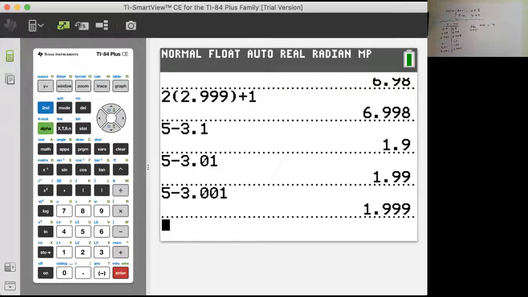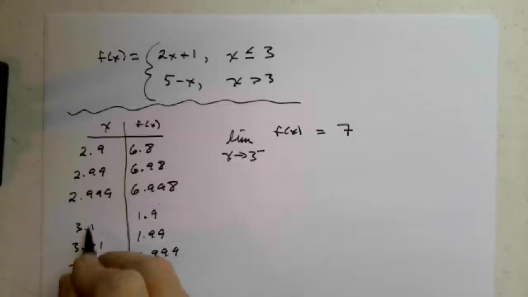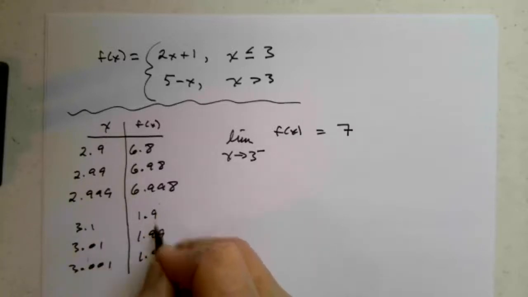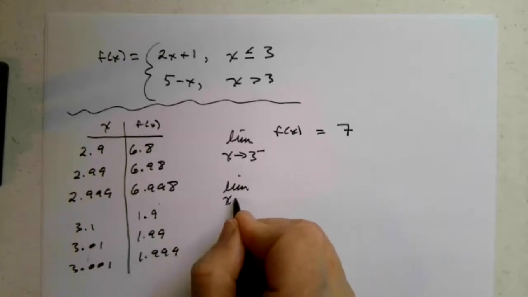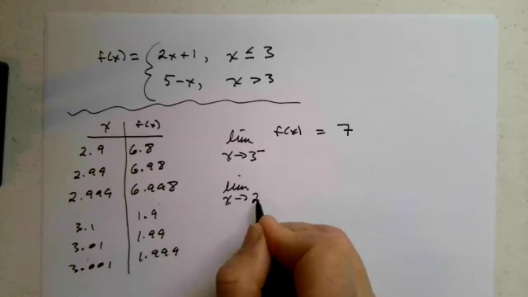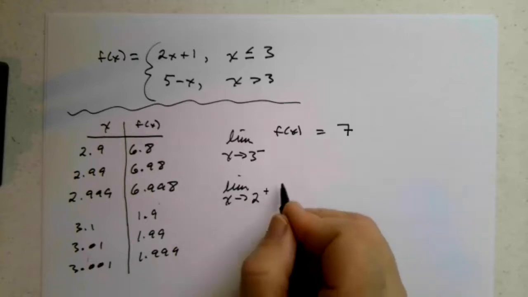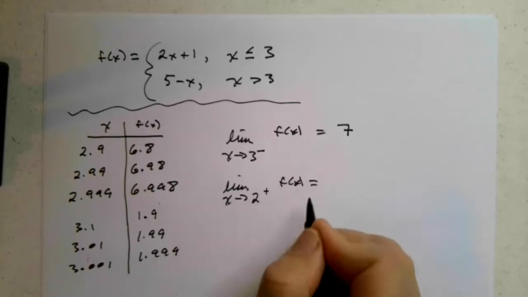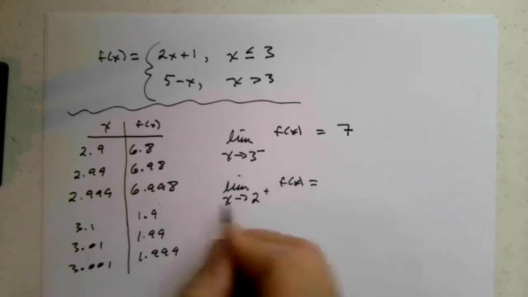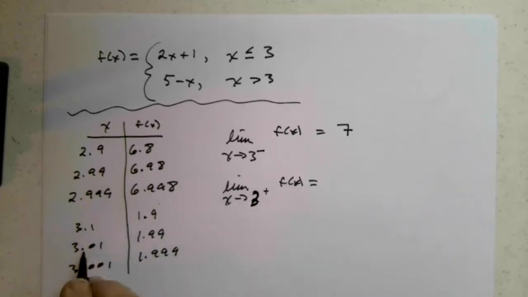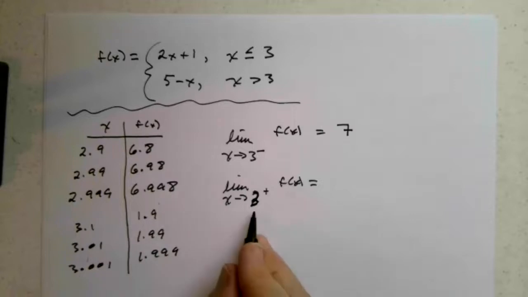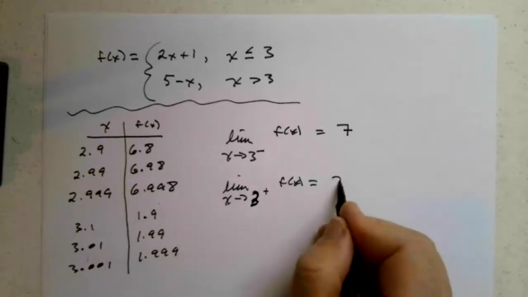So looking at those values on my table, as I approach 3 from the right, these seem to be approaching 2. So the limit as x approaches 3 from the right of f of x seems to be 2.